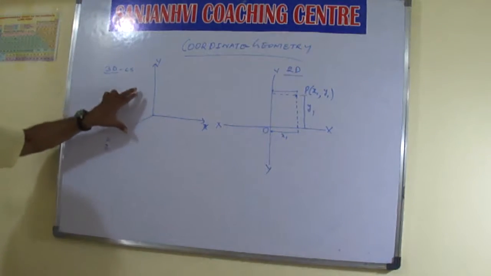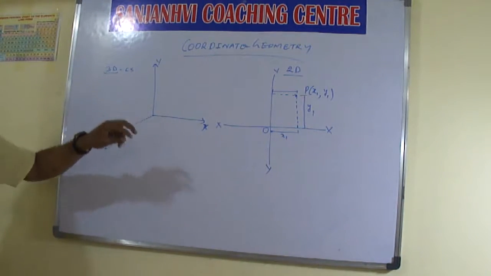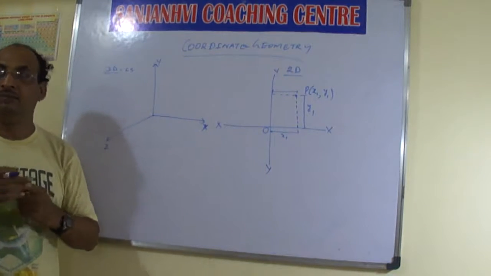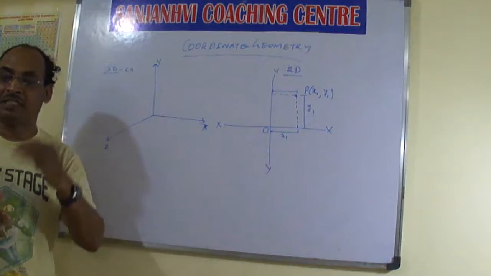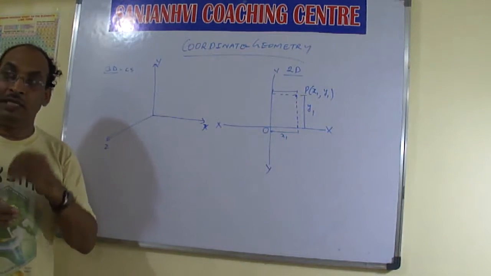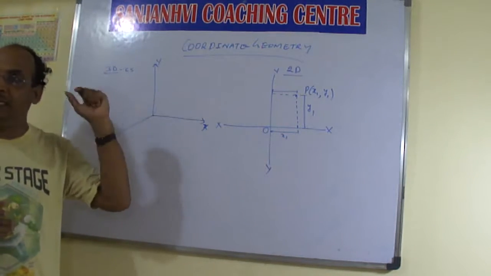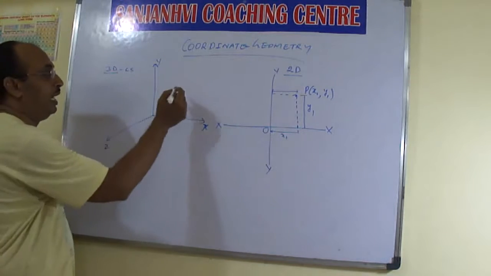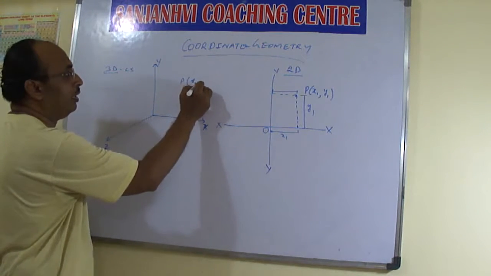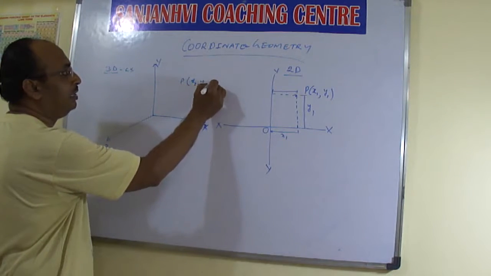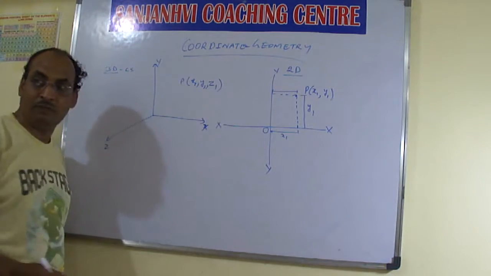This three-dimensional coordinate system is used to represent anything in space. So in space, if we want to represent any point P, it will have x1, y1 and z1.